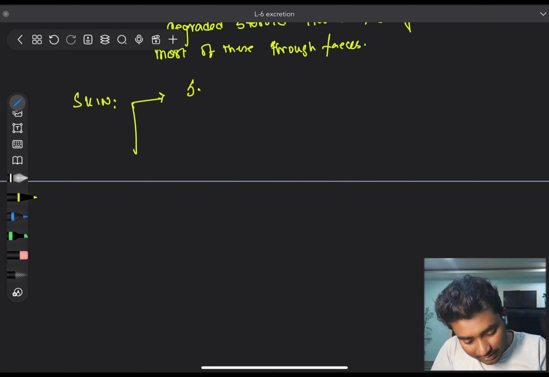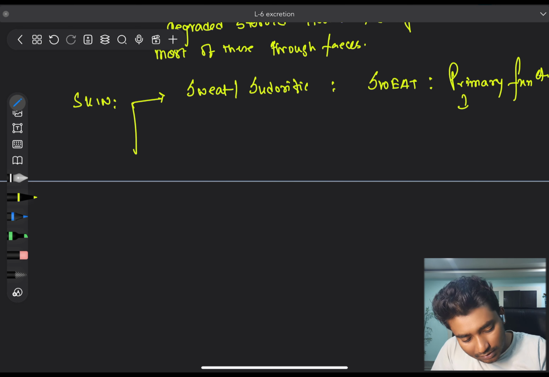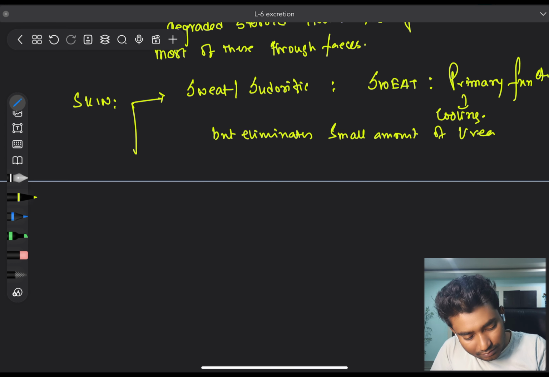The sweat glands: the primary function of sweat is cooling, but it also eliminates a small amount of urea, lactic acid, NaCl, and H2O.